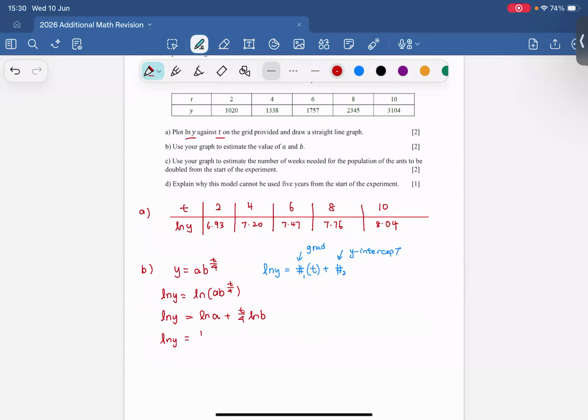You can see that this is 1/4 ln B bracket T plus ln A. So this tells us that this is my gradient. This is my y-intercept. So can you use your graph and find the gradient and find the y-intercept, then later on solve for your A and B yourself?